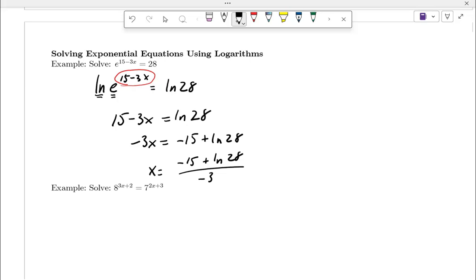So the technique we're going to use to get variables out of the exponent is to take the log. Okay? That's going to be our big technique for solving these. To get variables out of the exponent, we take the natural log to get them down and out in front for us. So we'll do more examples of these next time, as well as talk about solving log equations.